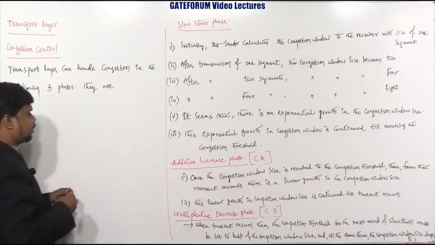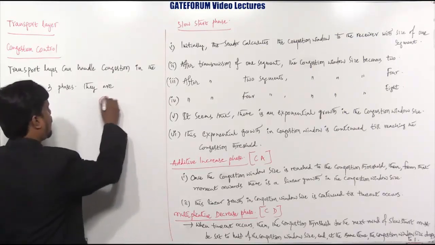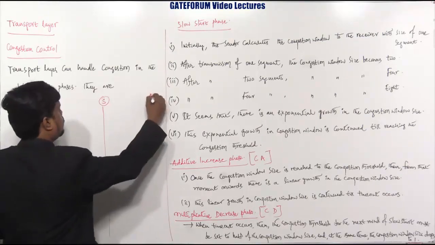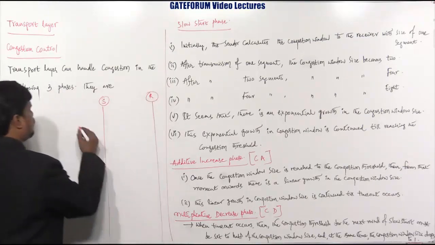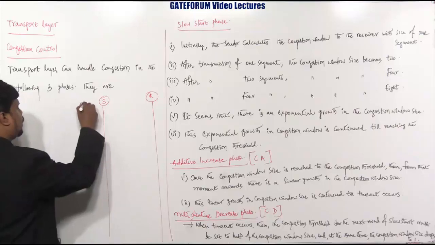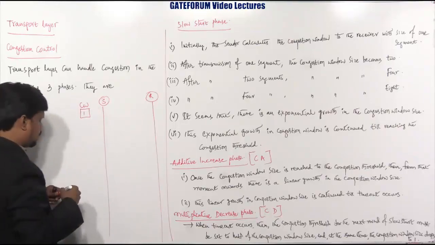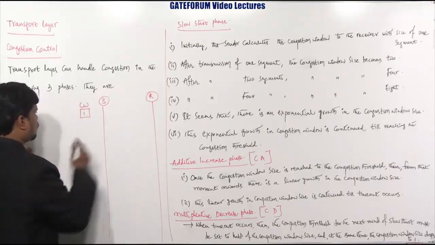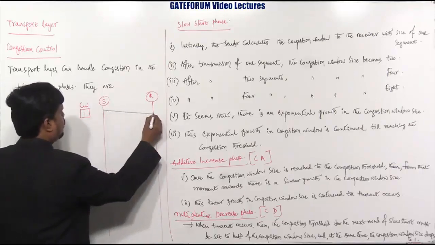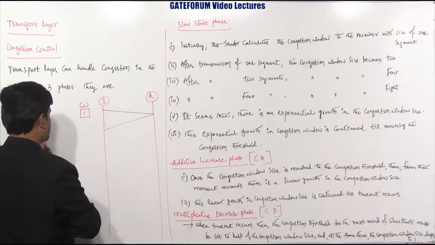Consider this is a sender and this is a receiver. Initially the sender calculates a congestion window with a size of 1 segment. After transmission of this 1 segment, the congestion window size becomes 2.